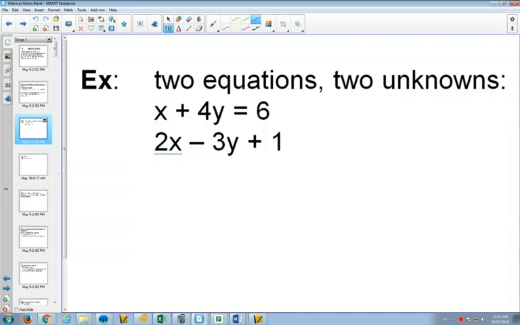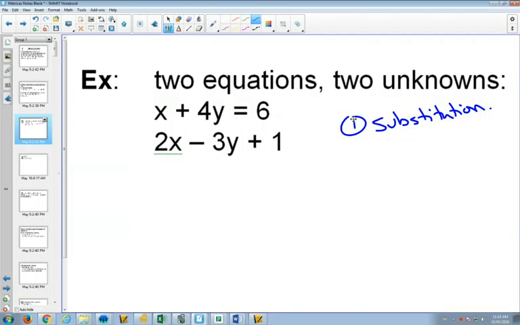Do you remember some of the techniques that you used for solving this? There were sort of two main techniques, but maybe you've learned a third or a fourth one. Substitution. That was one technique. So if we were using the substitution technique, the goal is to get one variable by itself.